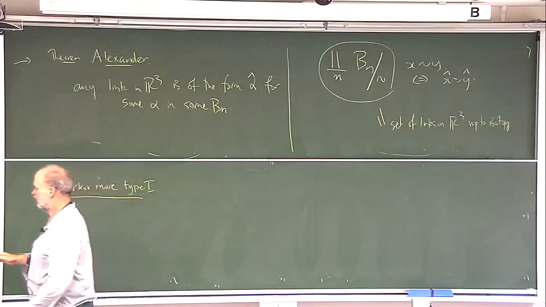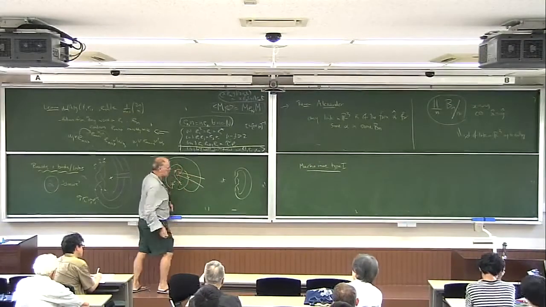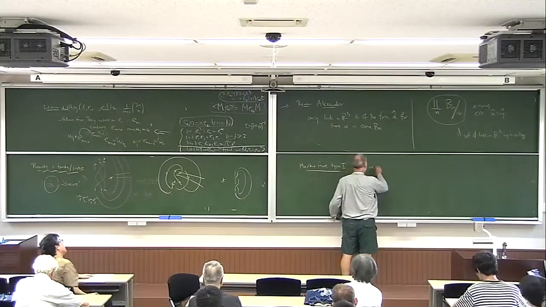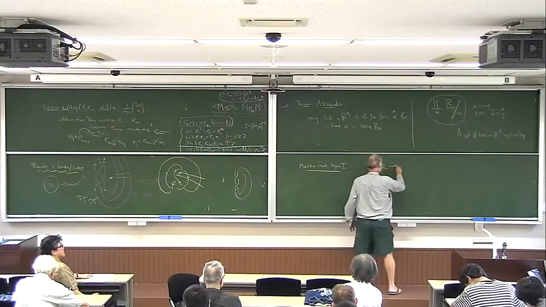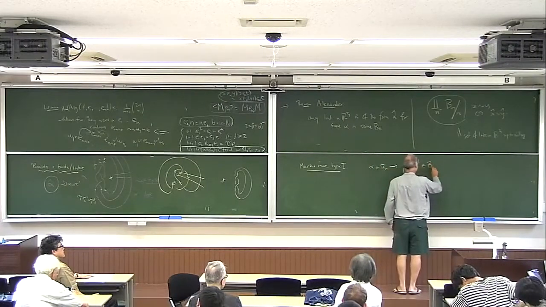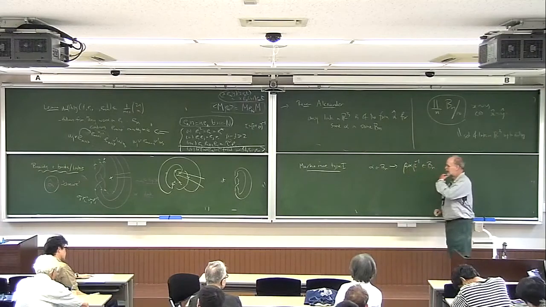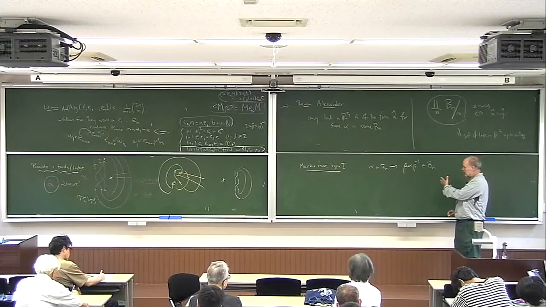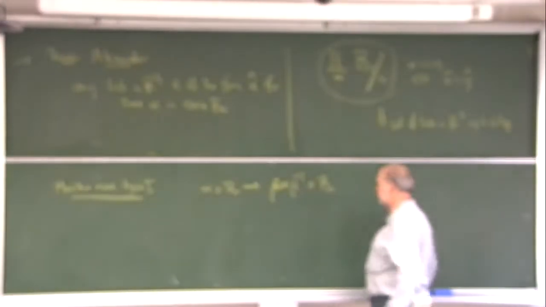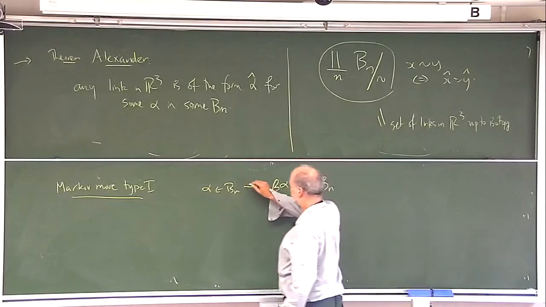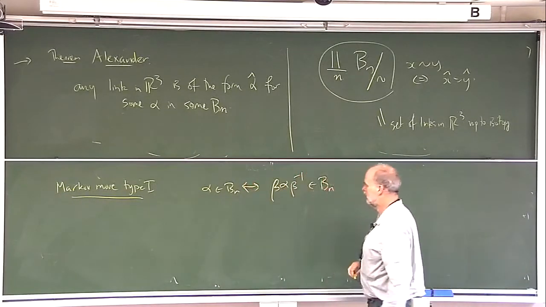And that is, if you think about it for a bit, you'll see that this ambiguity in where you start the braid is just the same thing as conjugation in the braid group. So alpha belonging to Bn goes to beta alpha beta inverse. So we take a braid and we produce another braid in the same braid group, and that's the move. And of course, it can go both ways. It's completely symmetric anyway.